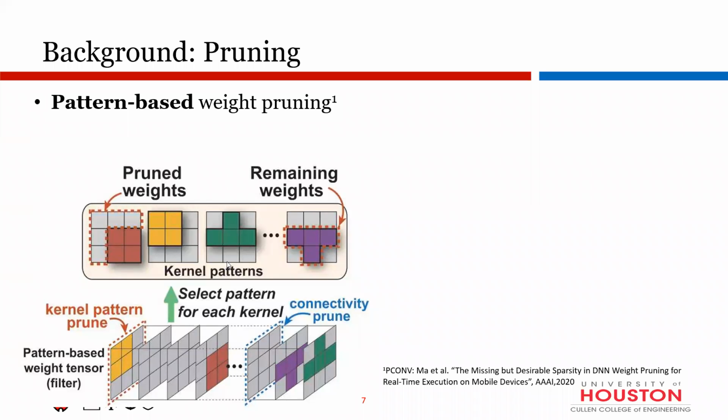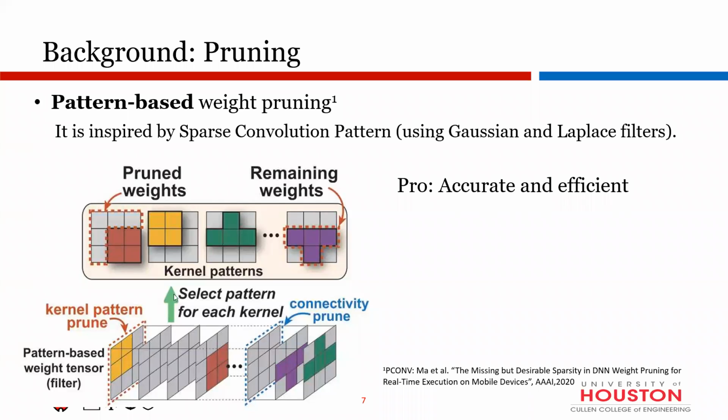And in terms of model accuracy, this type of kernel pattern you can also interpret as sparse convolutional patterns. This is a special technique in computer vision areas. You can use Gaussian or Laplace filters to create certain sparse patterns for different kernels.